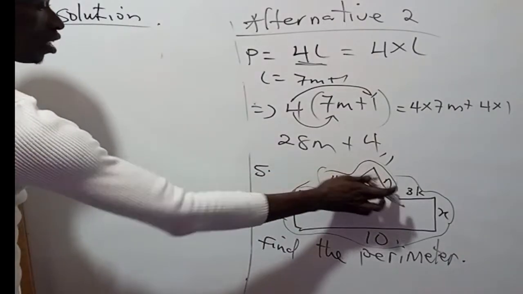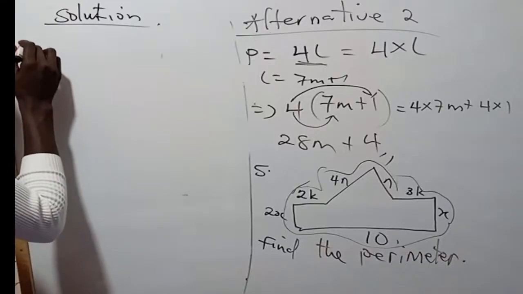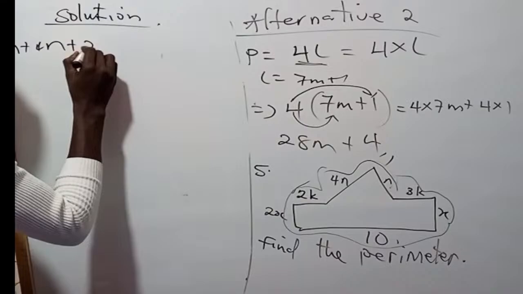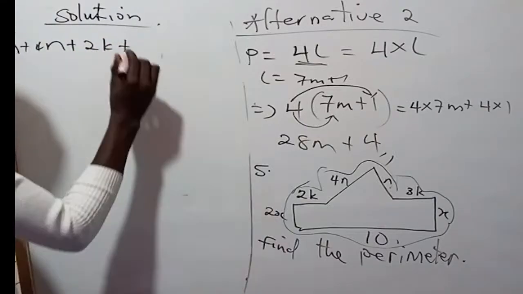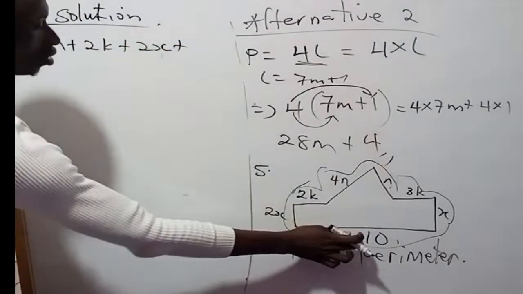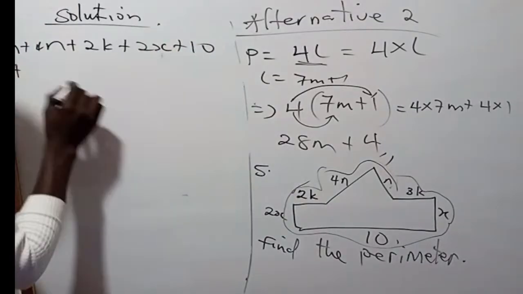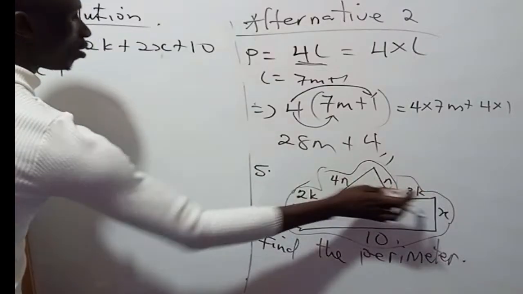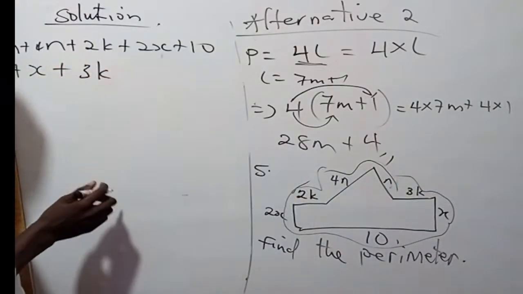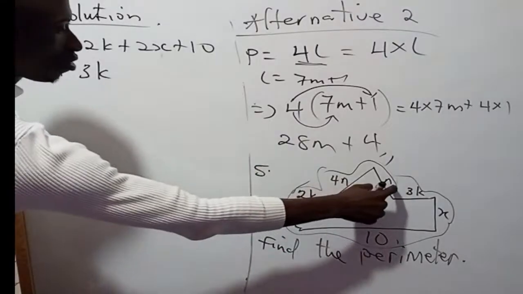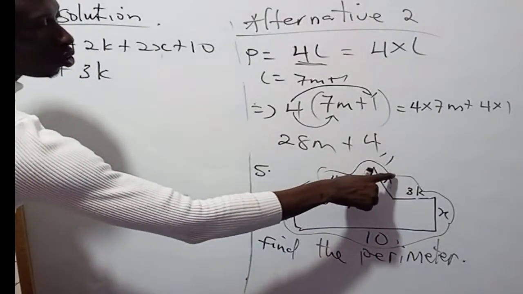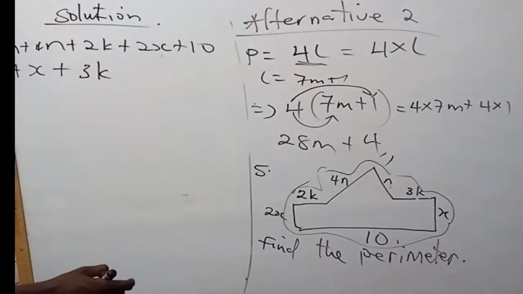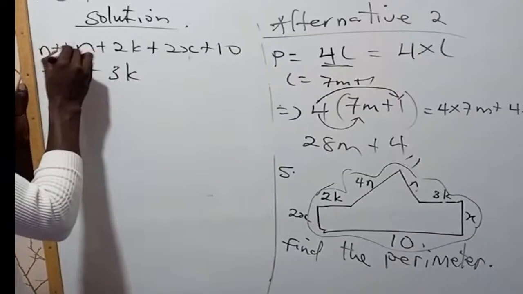So I'm starting from here: n plus 4n plus 2k plus 2x plus 10 plus x plus 3k. Okay, I started from this n. When I got here, I stopped because the cat started from here and came back to the origin. All right, you see, n plus 4n.